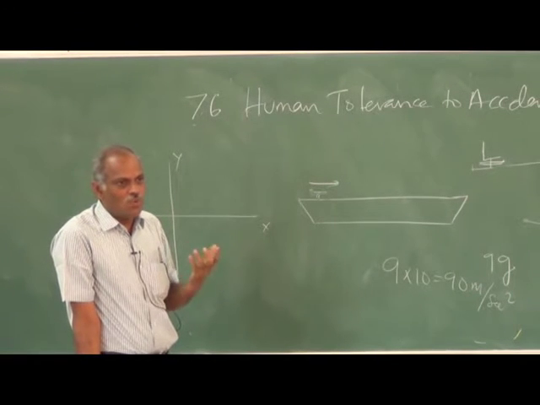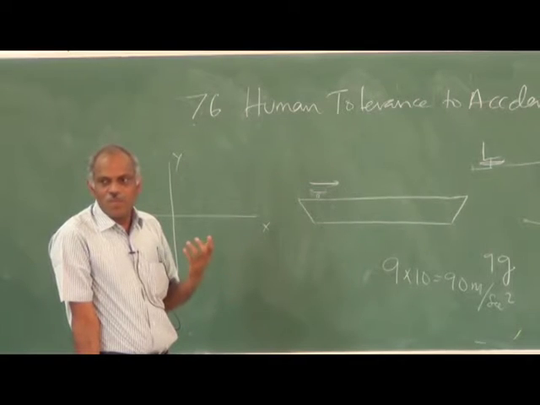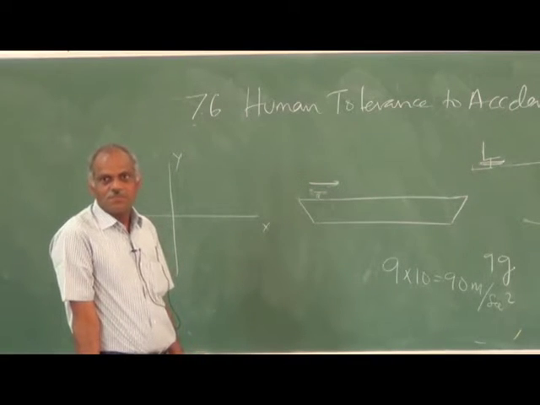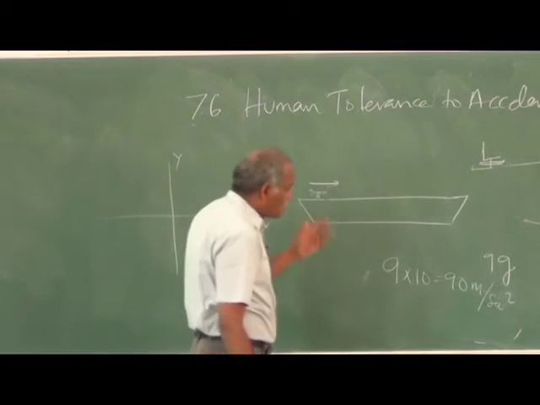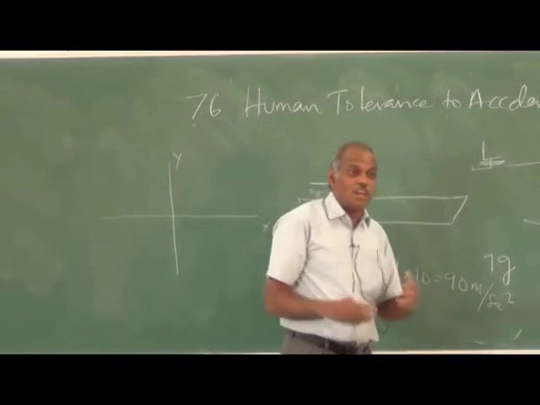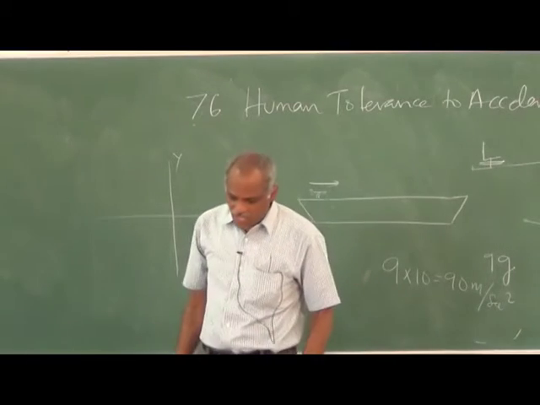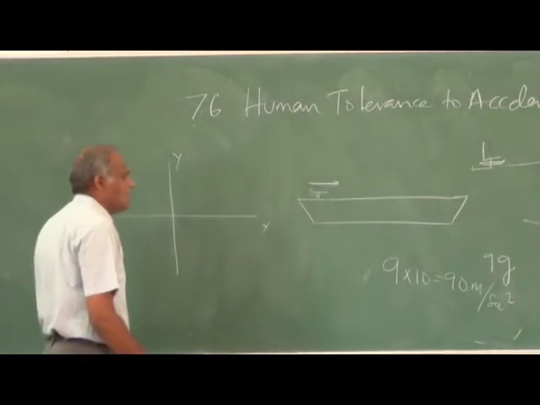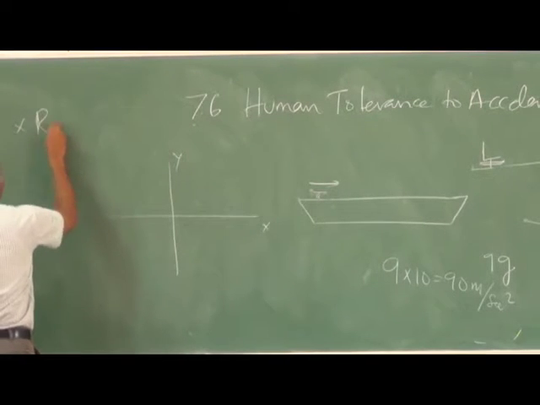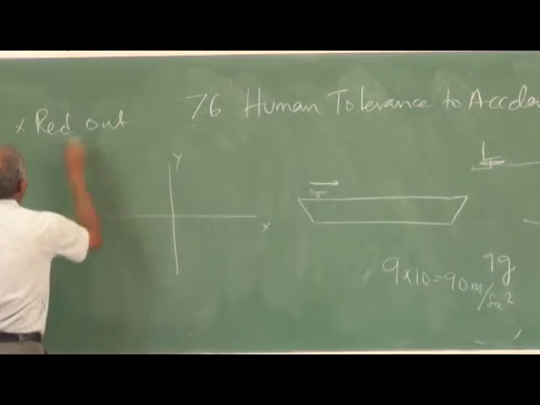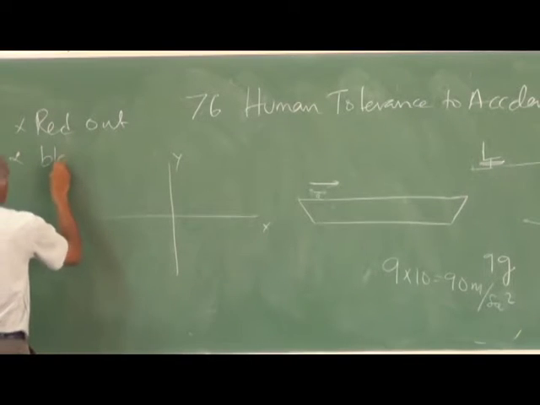You cannot find any wound on his body, yet he will be killed. Why? What kills them? What do human beings experience when subjected to a heavy acceleration? There are two things which are said. One is the red out, the second one is the blackout.